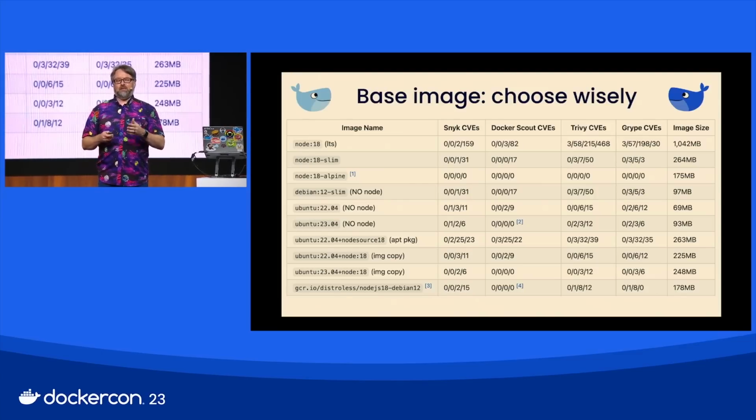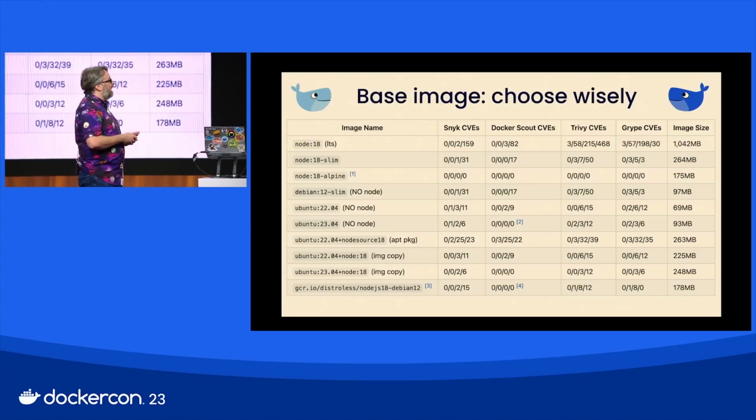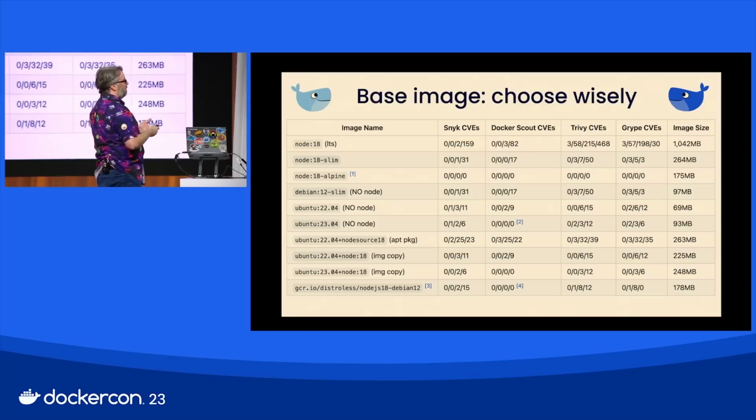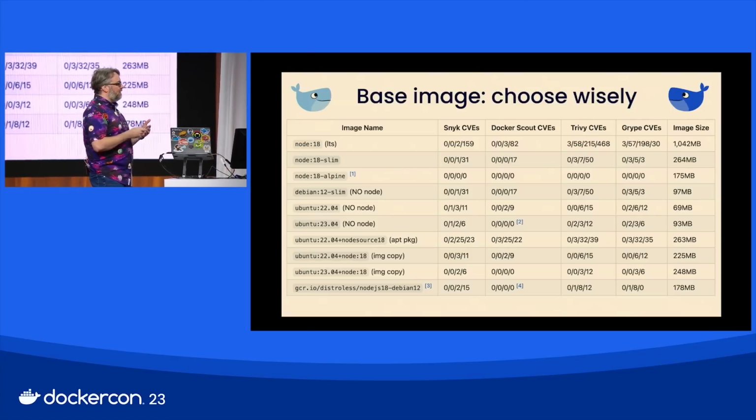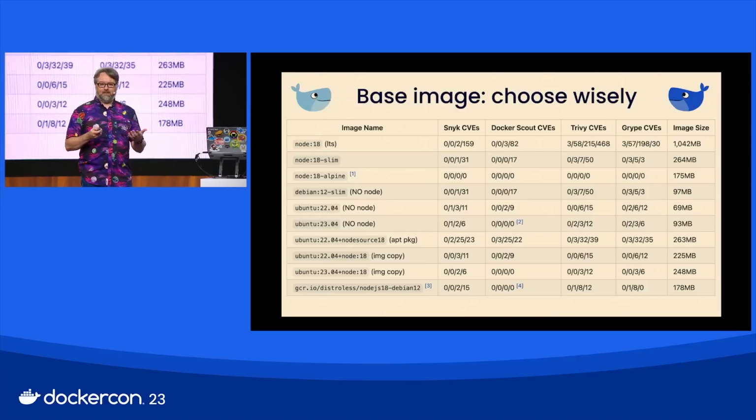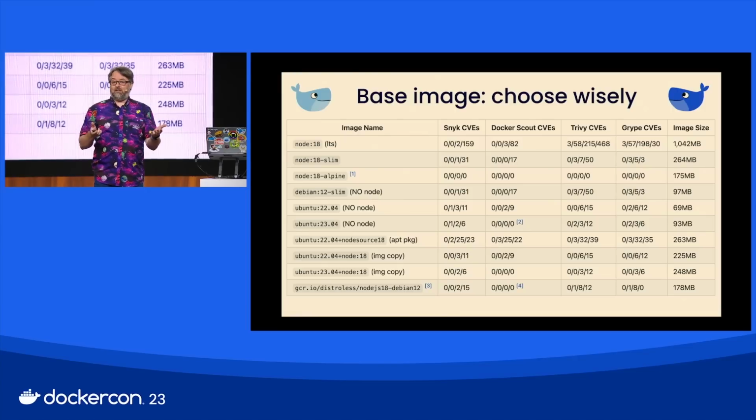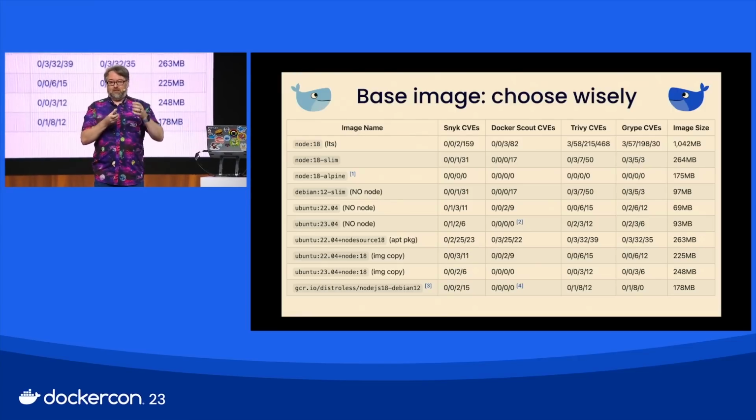But distroless has side effects. You can't pin a lot of things. It doesn't keep versions over time the way I wish it would. And because of the way it's designed, it doesn't have apt installed or anything. So it has to be the last stage, which means you inherently have to have an advanced Dockerfile, and you have to know that you need build images and then production images that you copy everything into this distroless image.